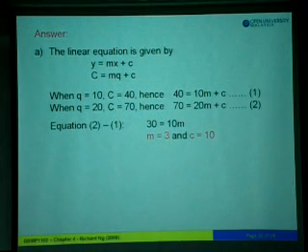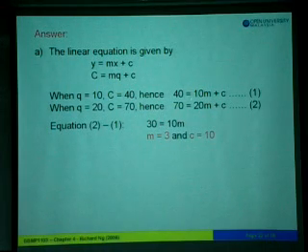Okay, let's look at the first question. The linear equation is given by y equals mx plus c. In this case, y is represented by C, and x is represented by Q. So when Q is equal to 10, C is 40. So we substitute Q equals 10, C equals 40 into this equation.